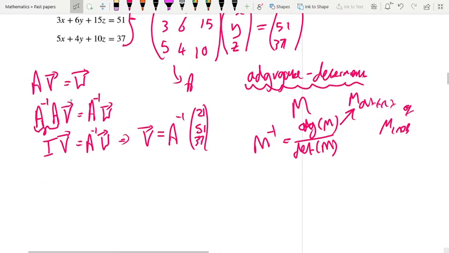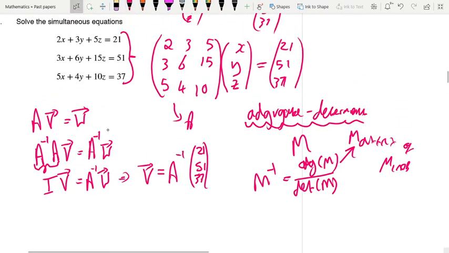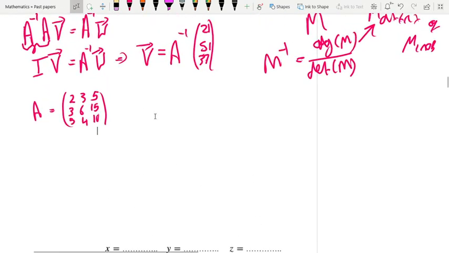So let's attempt it. First of all, we need to find the determinant because that's easy. I say it's easy, I'll probably go mess it up. So I'm just going to write A equals down here: 2, 3, 5, 3, 6, 15, and 5, 4, 10. So let's go down here and have a go.